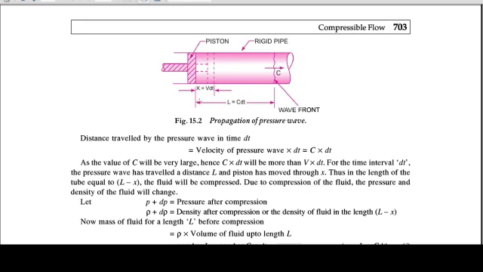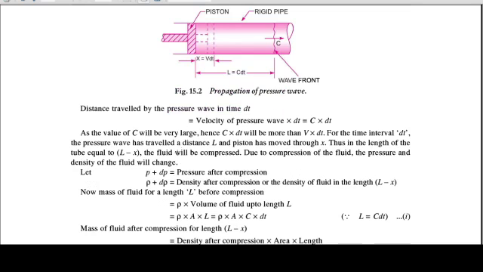The fluid will be compressed. Here this is L and this is x, and in this portion L minus x, the fluid will be compressed. Due to this compression, the pressure and the density of the fluid will change.